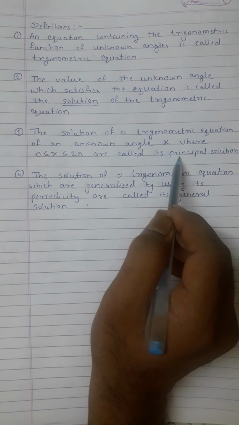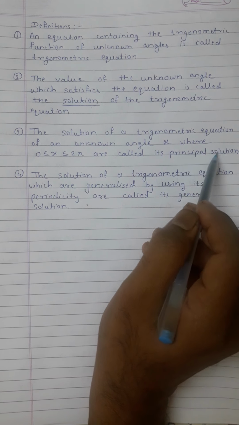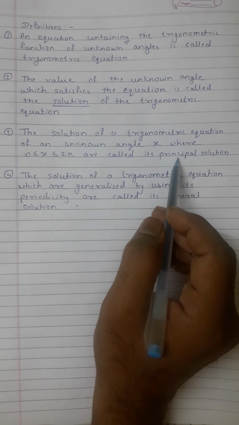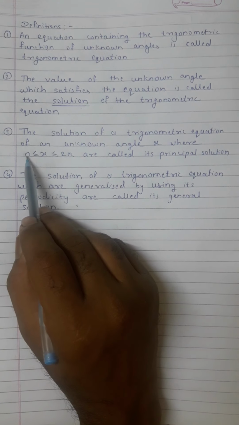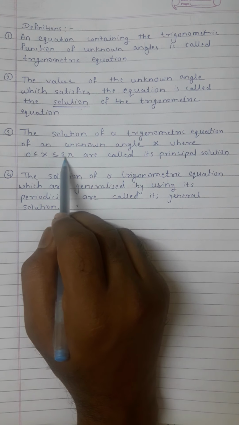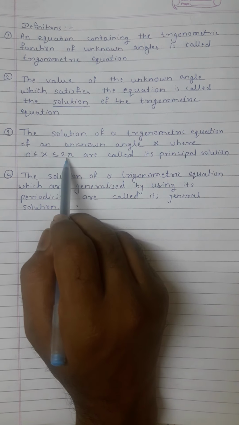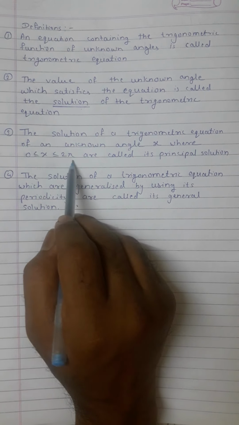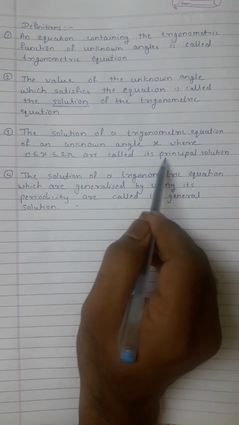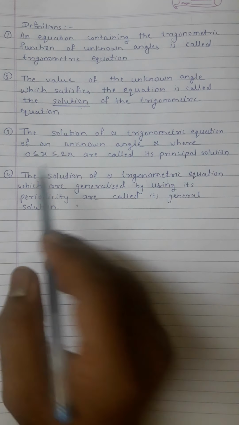It is not necessary that the principal solution is unique; there can be more than one. But they should lie between 0 to 2 pi, that means within a complete rotation of 360 degrees.